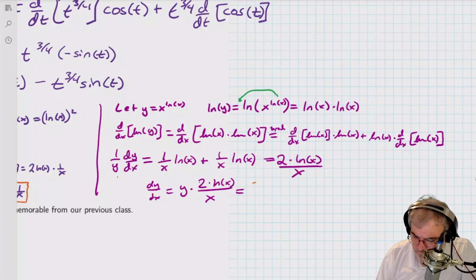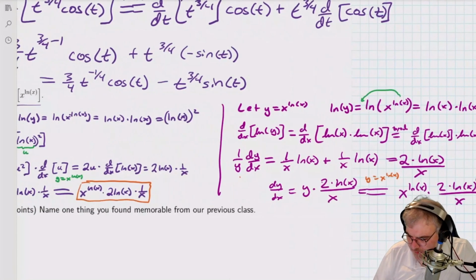And then I remember that y, what did y equal here? y equals x to the ln of x. So I'm going to stick that back in front. And I get x to the ln of x times 2 ln of x all over x. And if I'd done it the other way, I would have gotten the exact same answer.